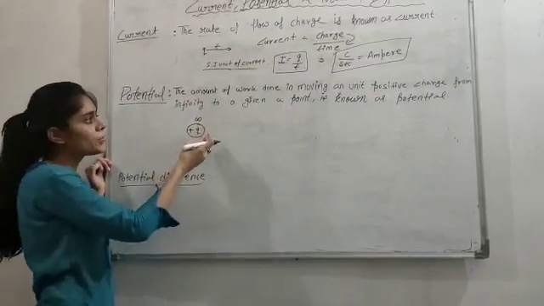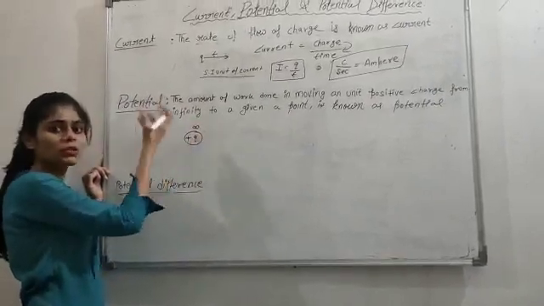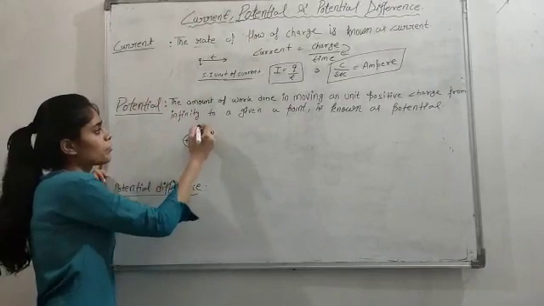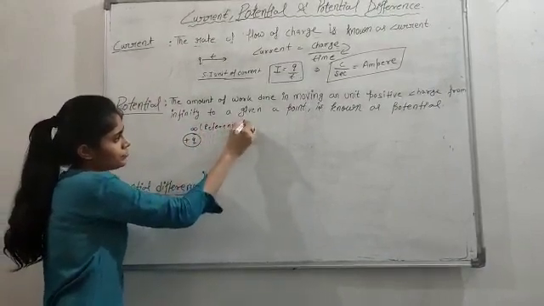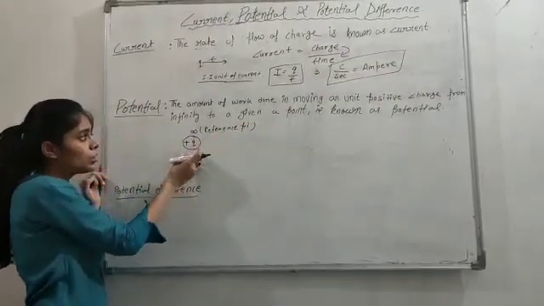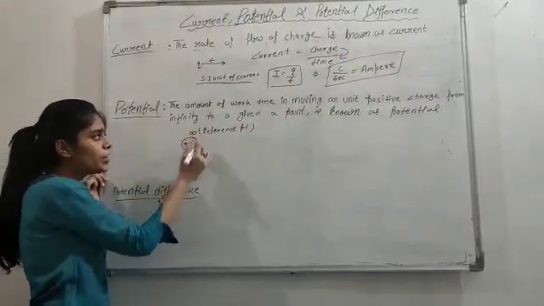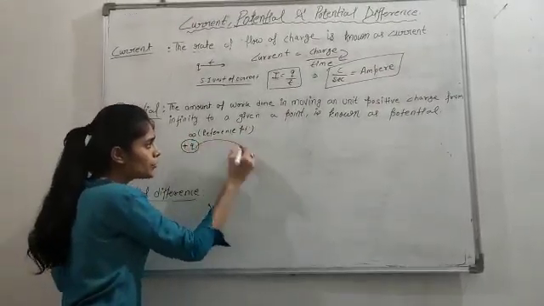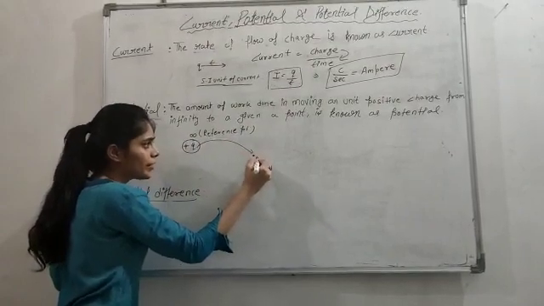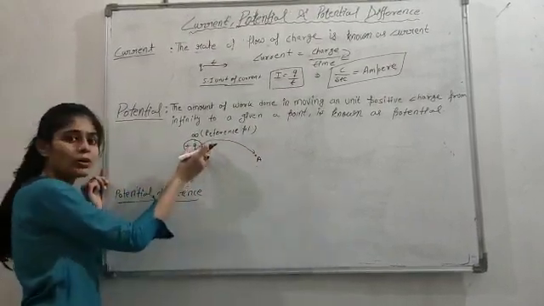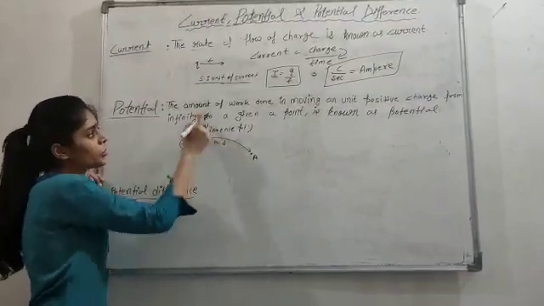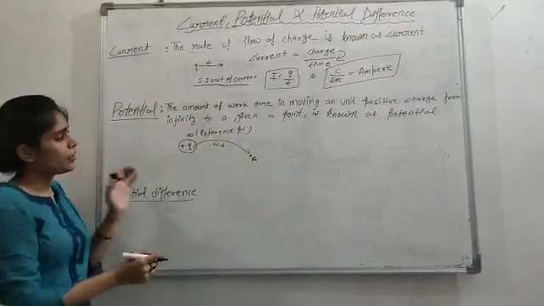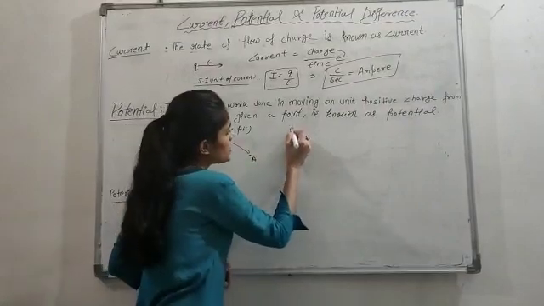Infinity point means when the distance is not fixed, so we are taking any reference point. In moving this charge from infinity to a given point A, how much work is done is known as potential.